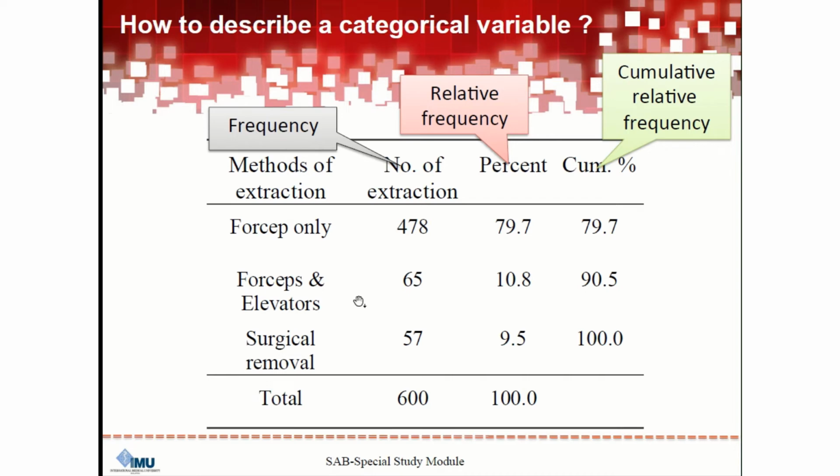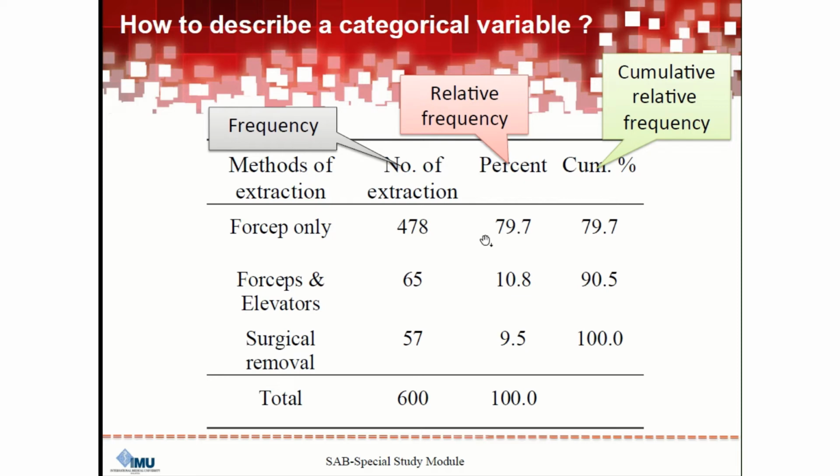So let's say this is data we have collected, right? We have examined about 600 participants. On the method of extraction, we found that 478 were extracted using forceps only, 65 with elevators and forceps, and 57 required surgical removal, right? Then we see that a little less than 80% had forceps.